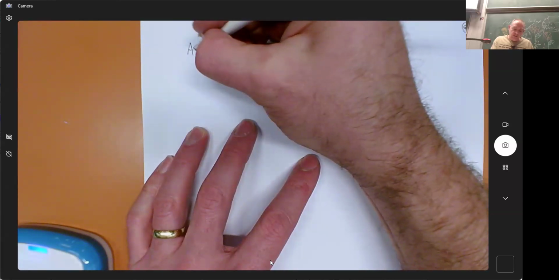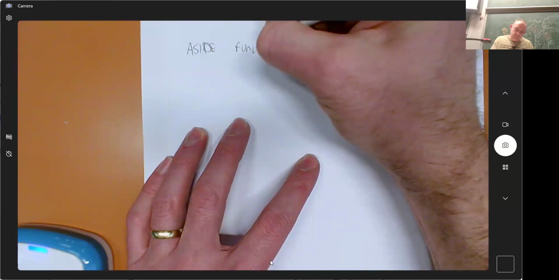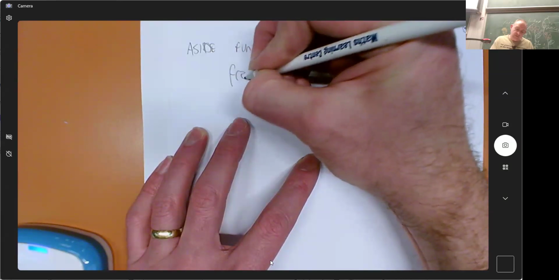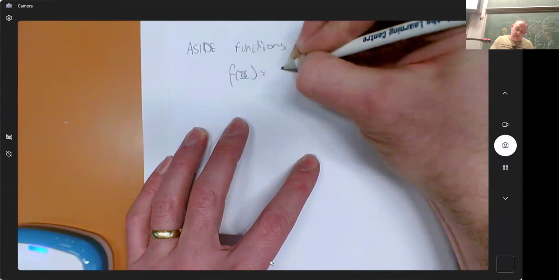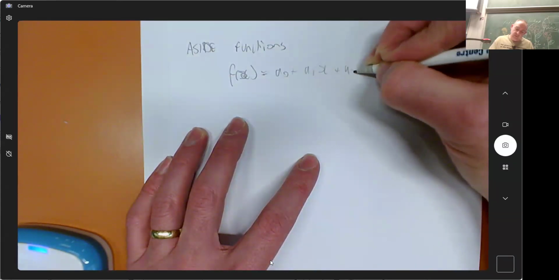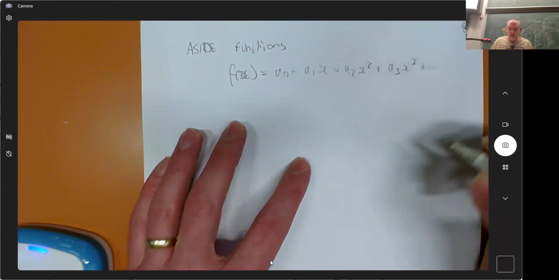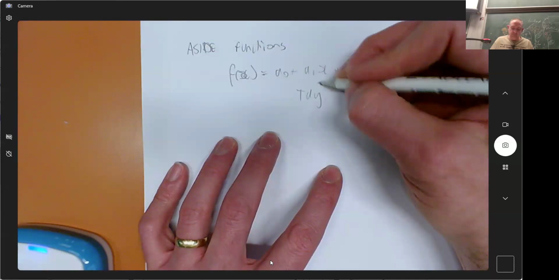So what I'm going to do, just as an aside, with functions, I can write f of x as a0 plus a1 x plus a2 x squared plus a3 x cubed plus blah, blah, blah, right? And this is a Taylor series.